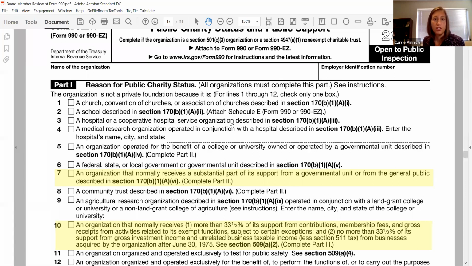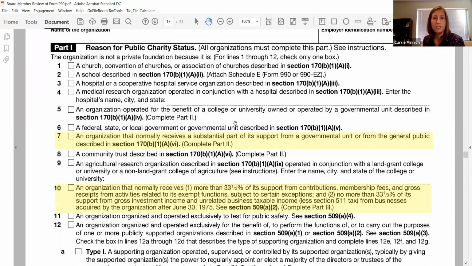So the first page here under Part 1 asks basically, why are you a public charity? And that's from your IRS determination letter, your tax exempt application form. Why are you a public charity versus a private foundation? So the two most common reasons are line 7, where you would receive a substantial part of your support from either the government or the general public.